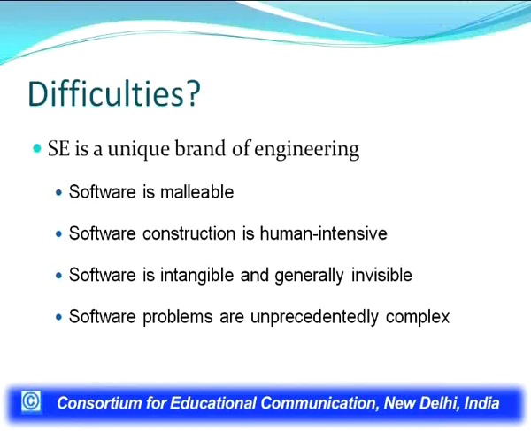Another, what are the difficulties? Software engineering is a unique brand of engineering. Software is malleable. Software construction is human intensive. Software is intangible and generally invisible. Software problems are unprecedentedly complex.